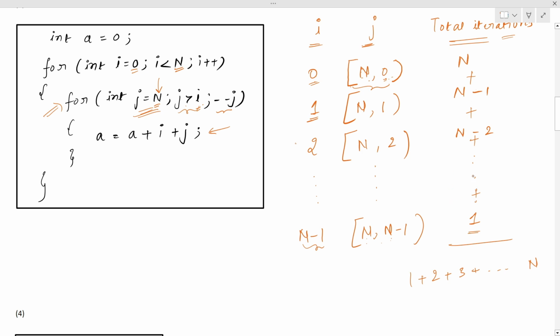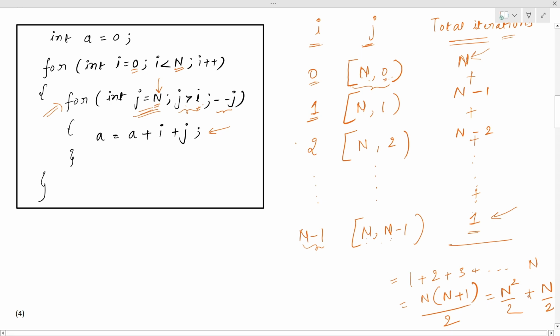Hope you got it, right? Before this you might be getting 2, and before this you might be getting 3, and you can clearly see the last value is n, that means it's starting from 1 and it is going to end at n, right? So that's why I have written it something like this. This is a simple sum of n natural numbers, which comes out to be n into n plus 1 divided by 2. So we can write it as n square by 2 plus n by 2.